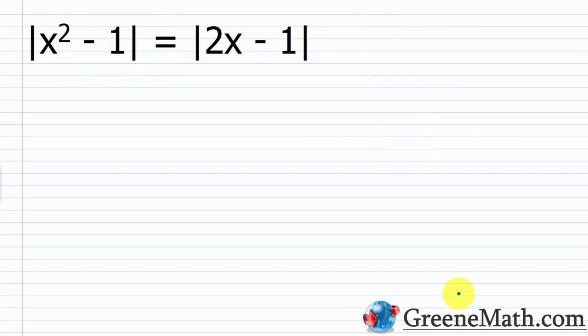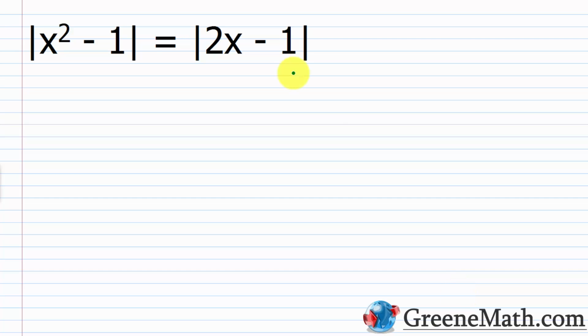All right, so additionally, we might see some problems where we have two absolute value operations set equal to each other. We talked about these earlier when we looked at absolute value equations in our course. Two numbers can only have the same absolute value if they're the same number, meaning they're equal to each other, or if they're opposites.